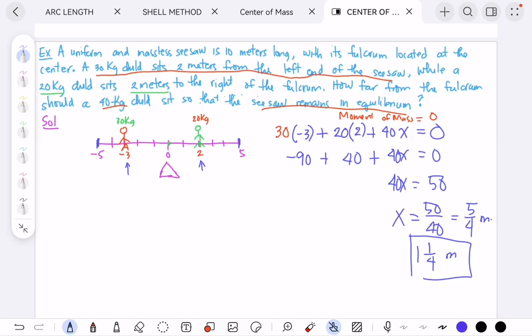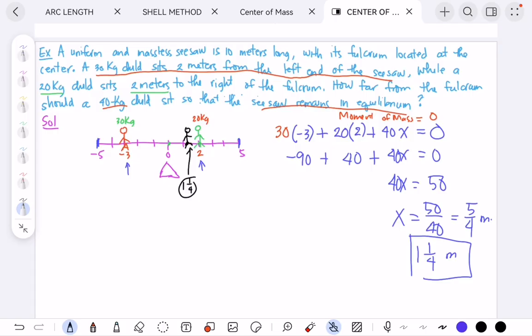So the third child must be located at 1 and 1/4 to ensure that the seesaw is in equilibrium.